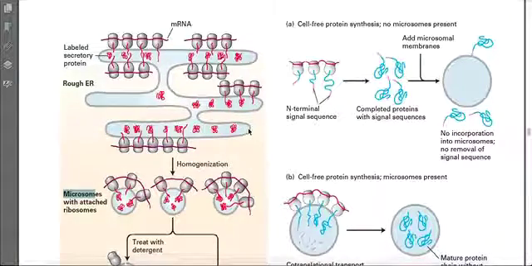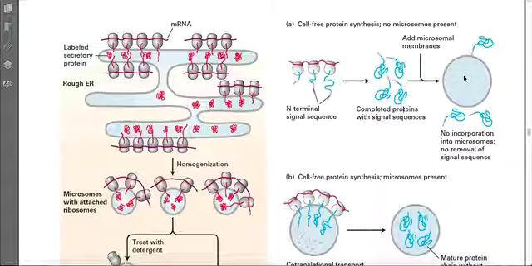How? In another experiment it is also discussed again. In the cell-free protein synthesis, when no microsome is present, your protein is synthesized along with the N-terminal signal sequence. Once the complete protein is synthesized with the signal sequence, you add the microsomal membrane, but your protein doesn't enter into the vesicles.